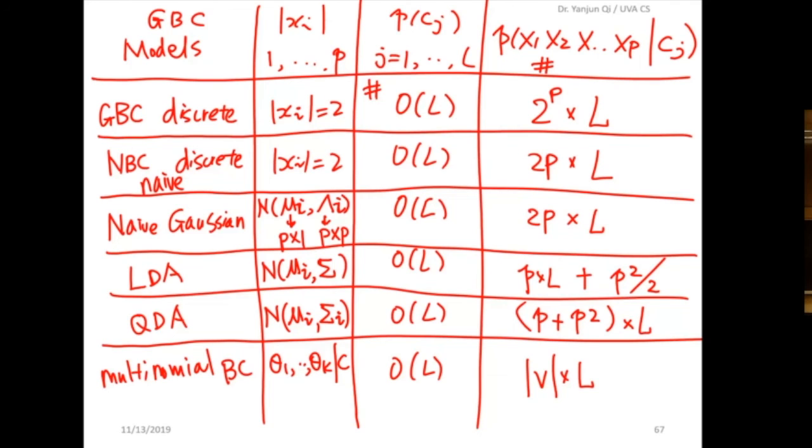Because it represents a Bernoulli case, but you can also expand it into a dice or K cases, so the more correct representation here is not 2 to the p, it's actually K to the p.